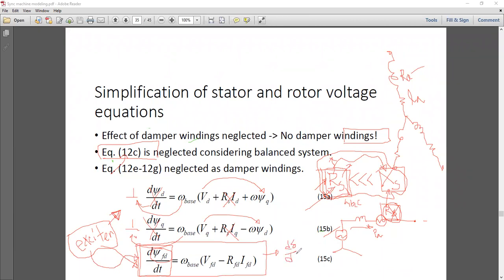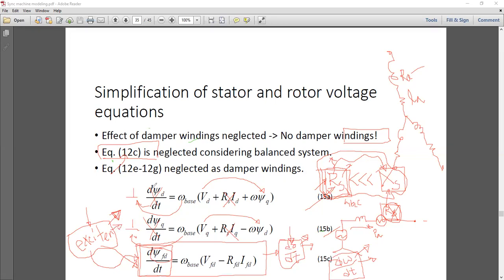The first one was d delta over dt, from the swing equation topic. The second was angular speed. The first was angular position. The third one is related to the excitation system dynamics or field coil dynamics. So this is our third order model: order number 1, order number 2, and order number 3.